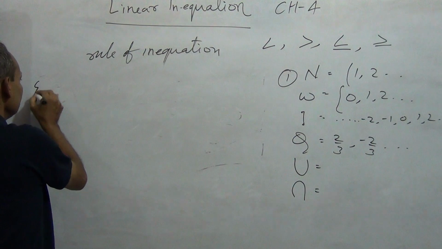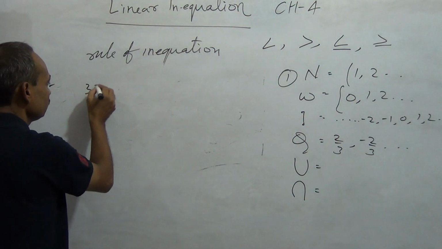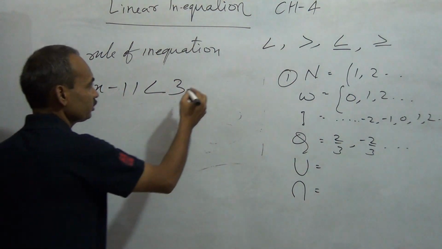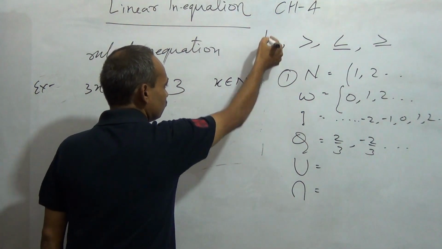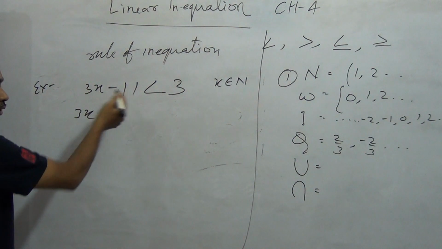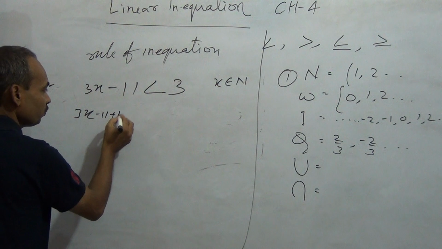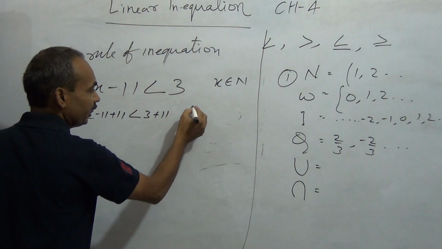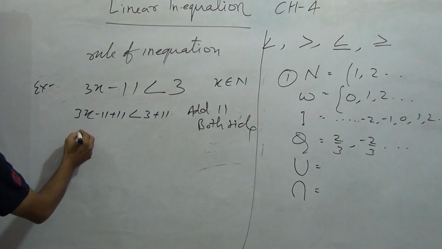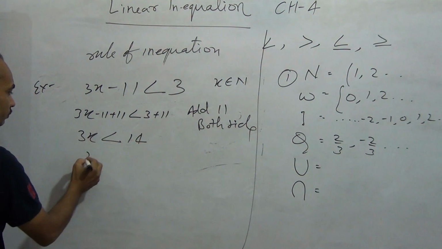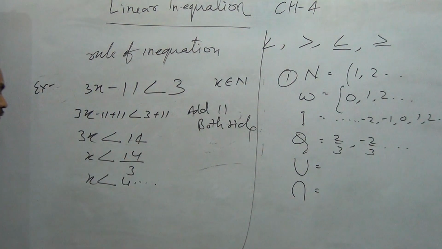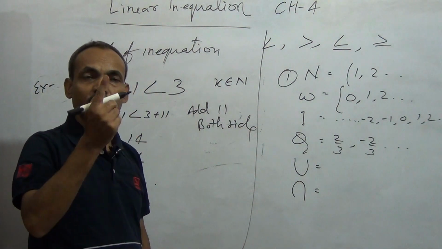Let 3x minus 11 is smaller than 3 and x is a natural number. x belongs to natural number. 3x, adding 11 on both sides, minus 11 plus 11, 3 plus 11, 3x is less than 14, x is less than 14 upon 3, x is 4 point something, it means x is less than 4.6.